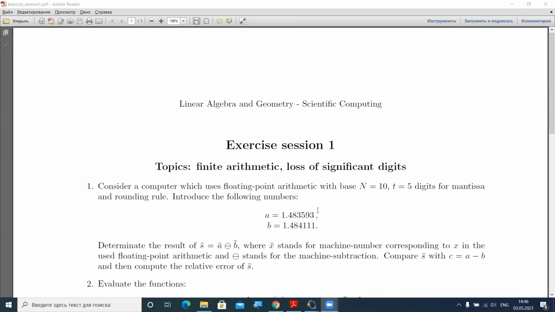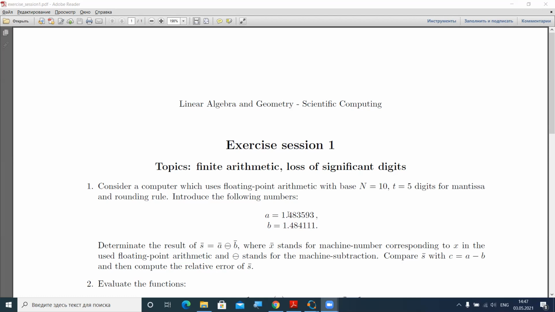So they are not machine numbers for us. First of all, we need to make these numbers machine numbers, and then find the subtraction a minus b, and then find the machine subtraction after rounding.